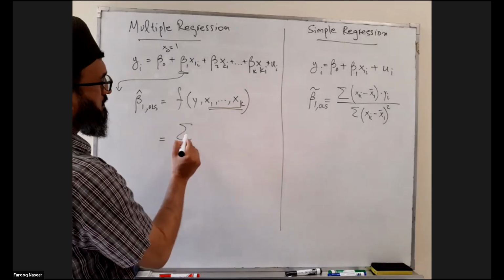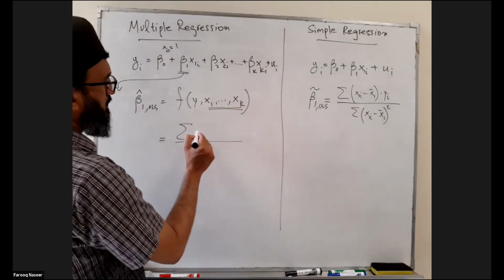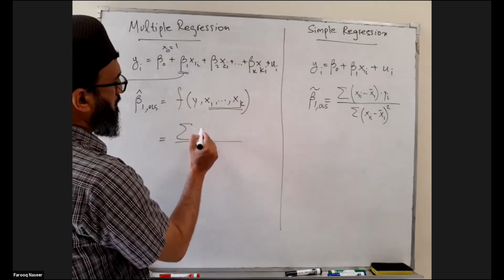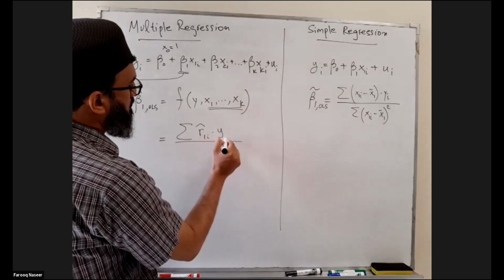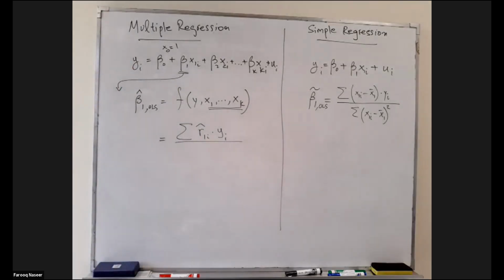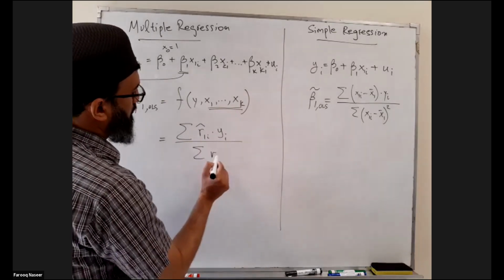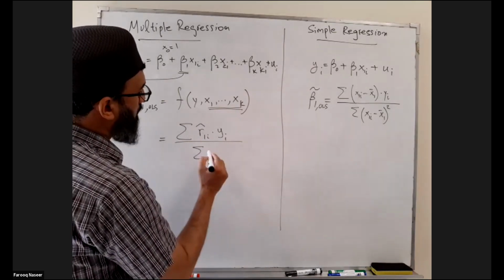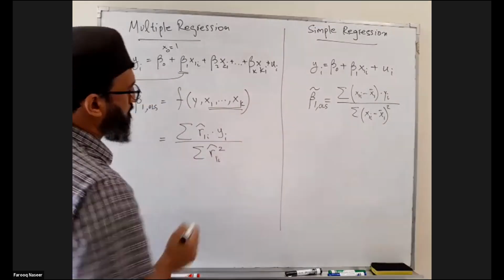Again it's a ratio. In the numerator you have the sum of r1 hat i times yi. In the denominator you have the sum of r1 hat i squared.